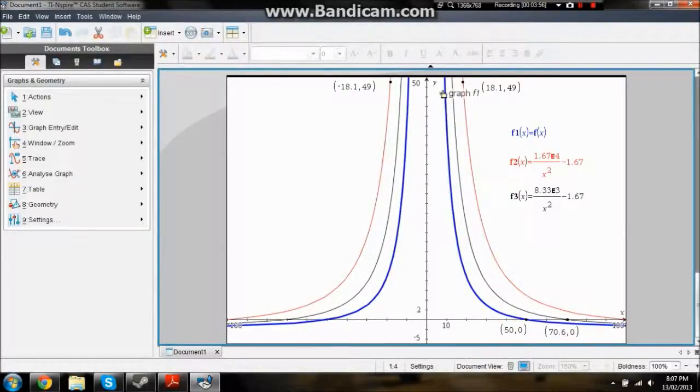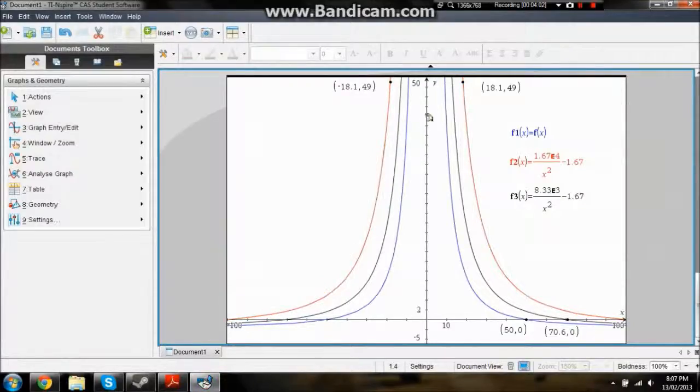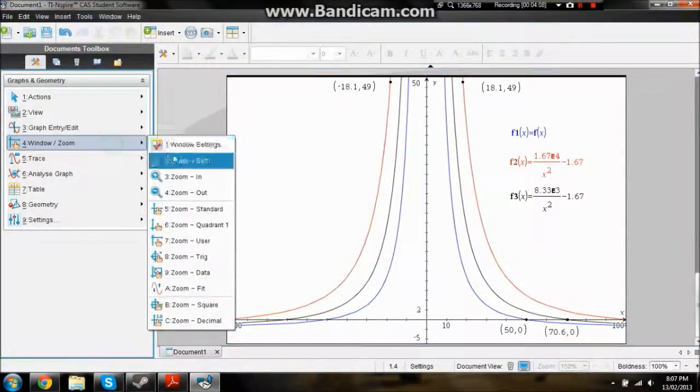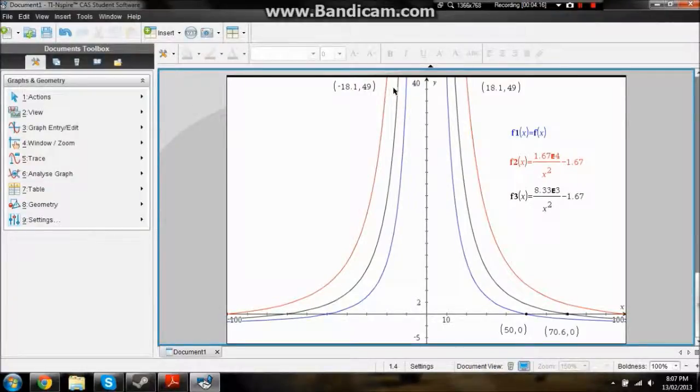I think it was 40 in the question actually. Yeah, 40, okay, goes up to about 40, about here or something. I'm going to change the settings so that that's 40, so it's more accurate. Okay, and now we can see it goes all the way down there and across here, crosses through these points.